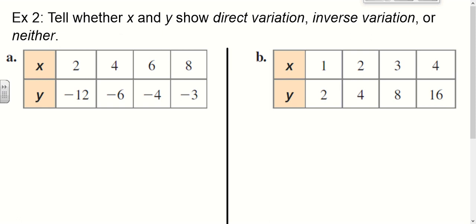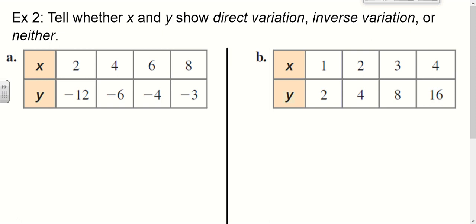All right, so now let's look at a few tables. To determine if I have direct variation or inverse variation or neither using a table, I'm going to have to do some multiplying and dividing.